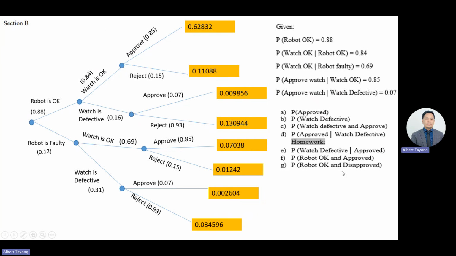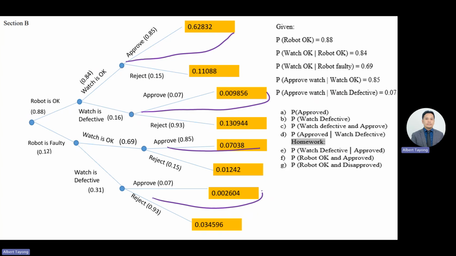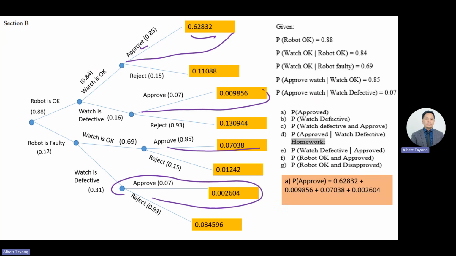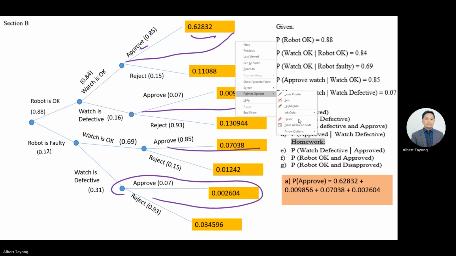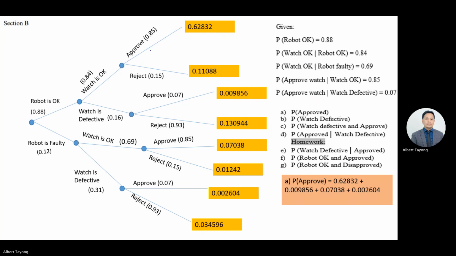Be approved. So getting approved, there are 4 possibilities there: this, this, this, and this. Approve is towards the end of the line, so we can get the values immediately. The first is 0.62832.